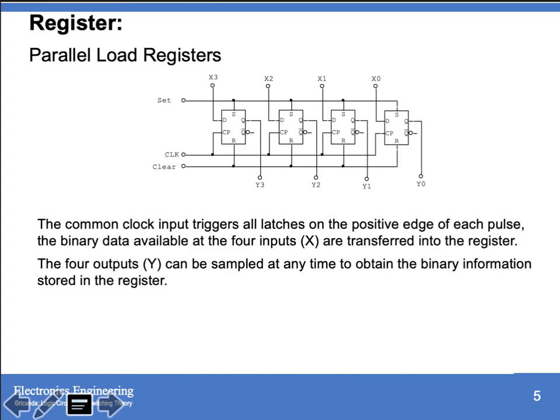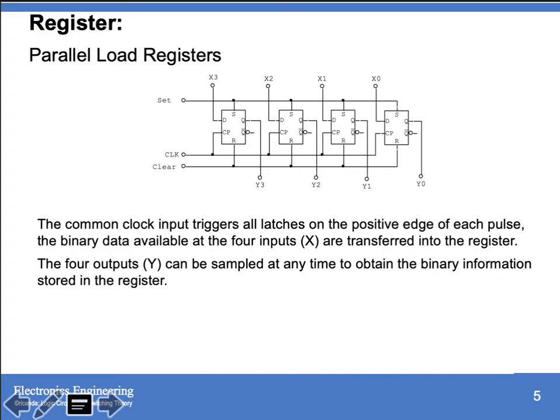The input clear is connected to an active high R, where R means reset. When this input goes to 1, or we put clear equal to 1, all the data in the latches or flip-flops are reset asynchronously.